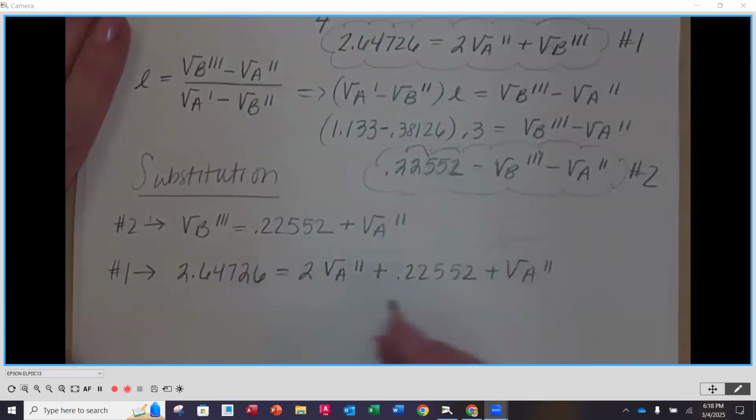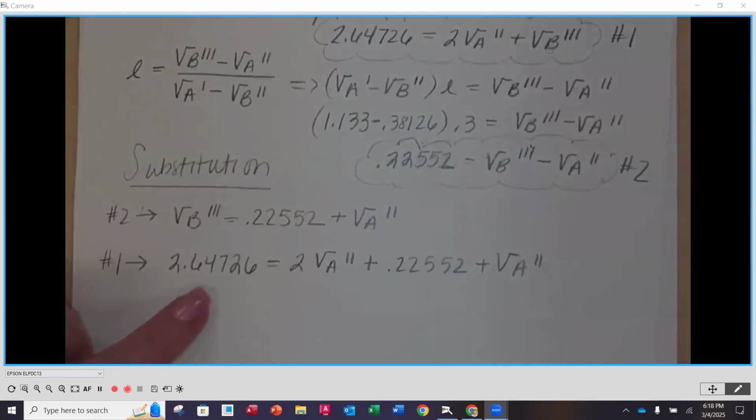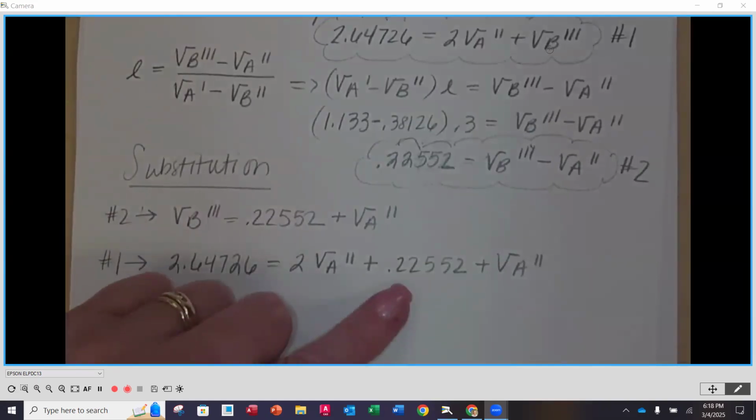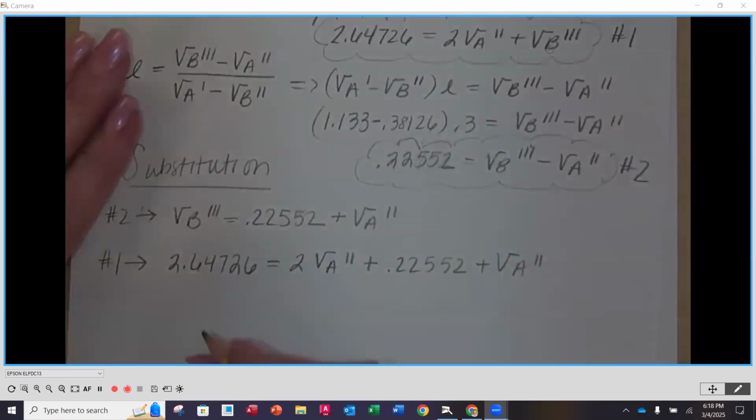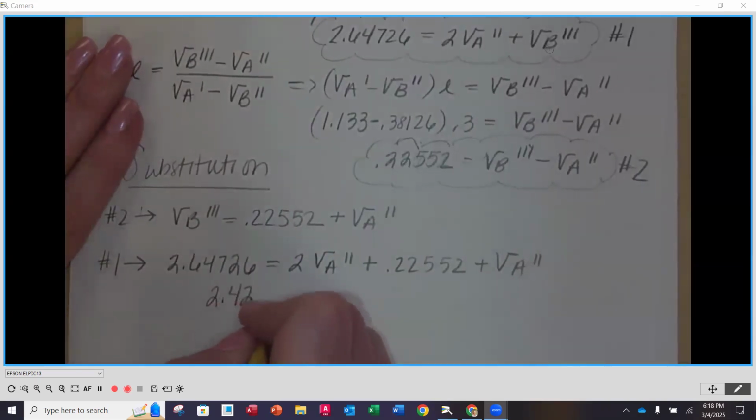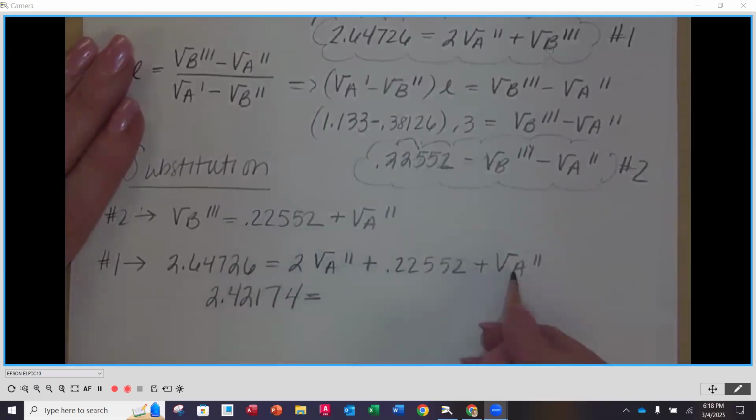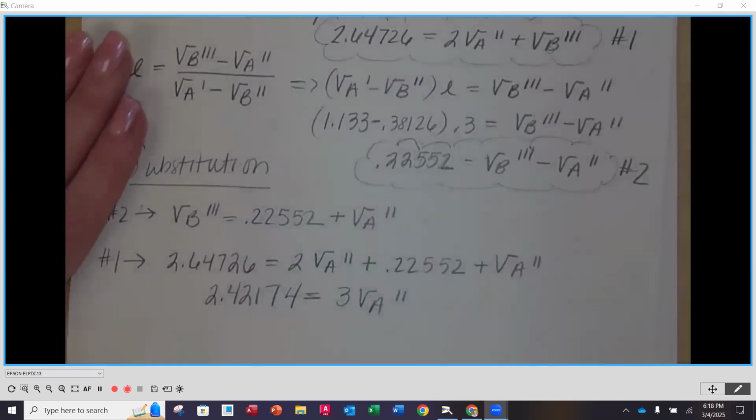So what do we get for that number? Let's see. I can combine those two. I've got to move this to the other side. I want to get my numbers correct here. 2.64726 minus 0.22552, that's 2.42174, is equal to, we can combine these two, 3 VA double prime. 3 divide.